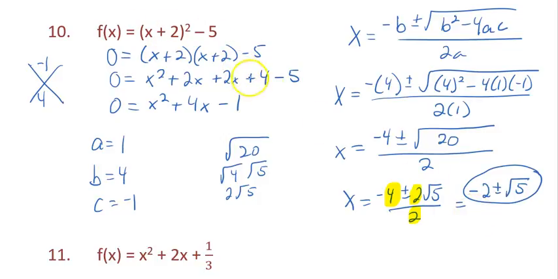You could also graph this and find the zeros. So a perfectly acceptable answer would be getting the graph zeros of 0.236 or 4.236. Okay, that's the same thing as this square root. It's just in a decimal form, and that's what you would get on the calculator if you graphed.